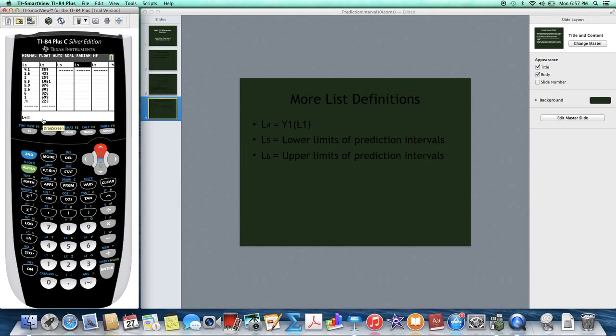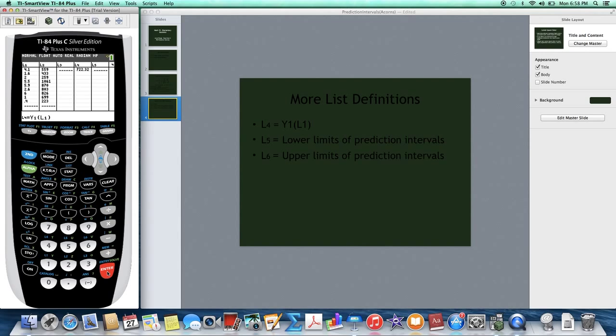Okay, so y hat comes from the equation of the best fit line. I'm going to press enter and bring the cursor down to the formula bar. Remember, the calculator automatically stored the equation for the line of best fit in y1. So I go Vars, Y-Vars, Function, and choose y1, and then second one for L1, paste L1 in, close the parentheses.